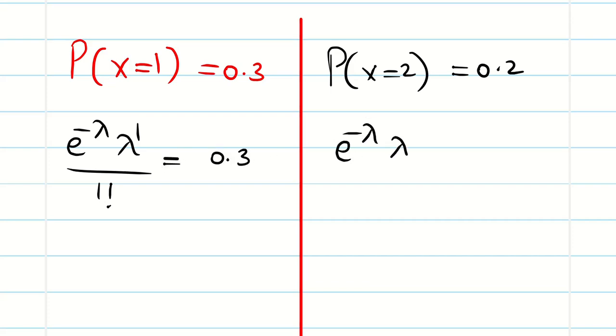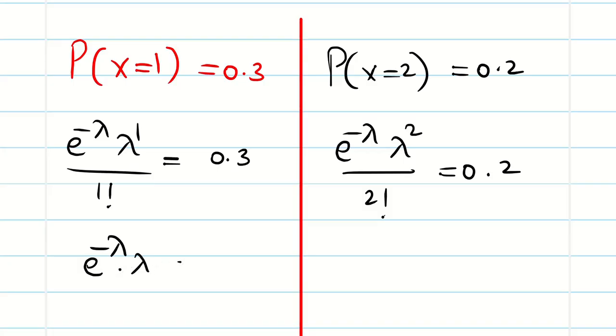Here, e power minus lambda, lambda square, because x equal to 2, by 2 factorial is 0.2. So e power minus lambda into lambda is 0.3. Here e power minus lambda into lambda square is 0.2 into 2, which is 0.4.